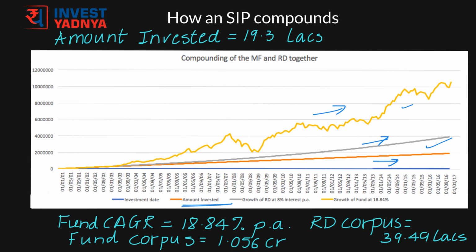For a total investment of 19.3 lakh rupees, the RD could create a corpus of around 40 lakh rupees, and Franklin India Blue Chip Fund at a CAGR of 18.84% on a per annum basis could create a corpus of 1.056 crore. The value of the fund corpus is calculated as per redemptions done on 1st of February 2017.